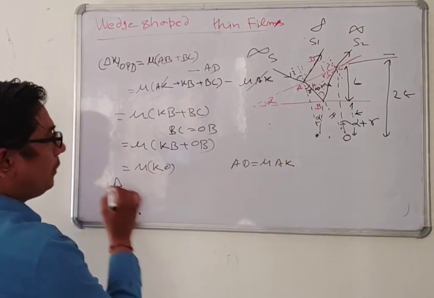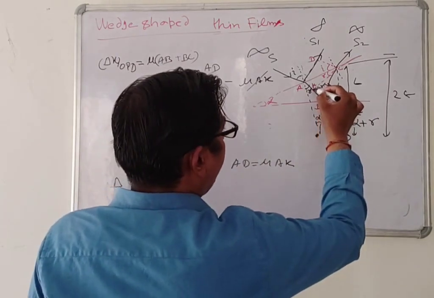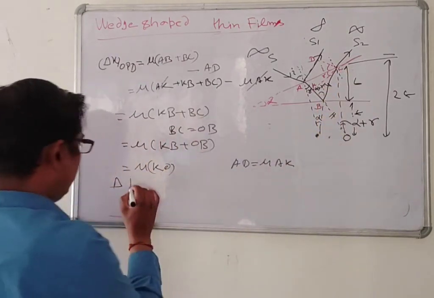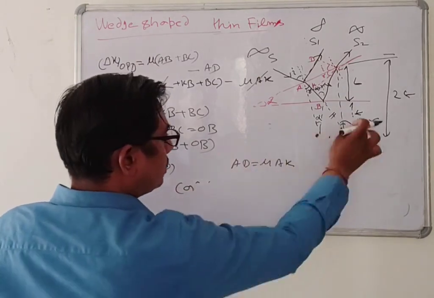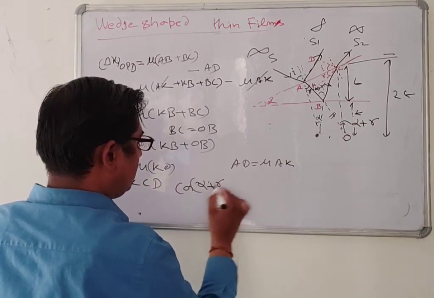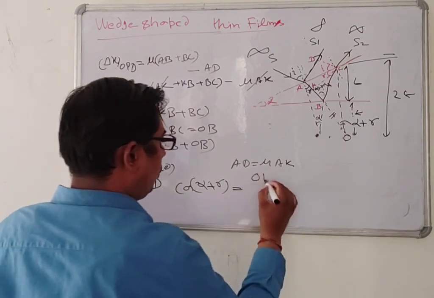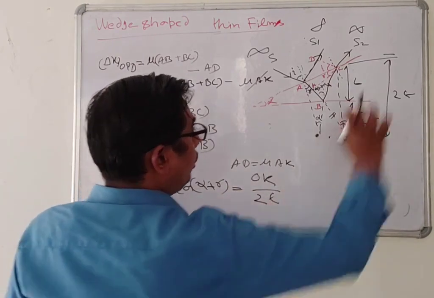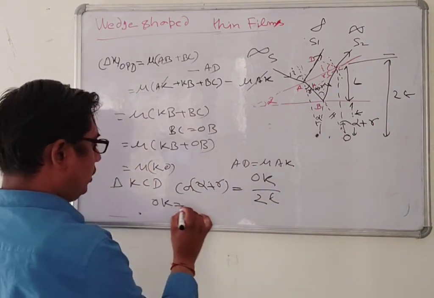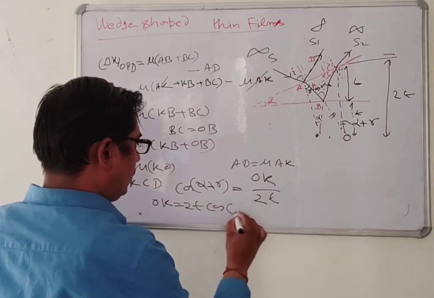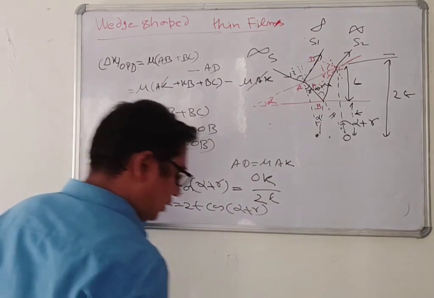Now in triangle KCO, cos alpha plus r is equal to OK upon OC, which is 2t, so OK is equal to 2t cos alpha plus r.